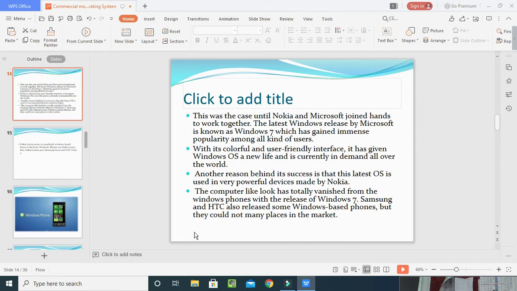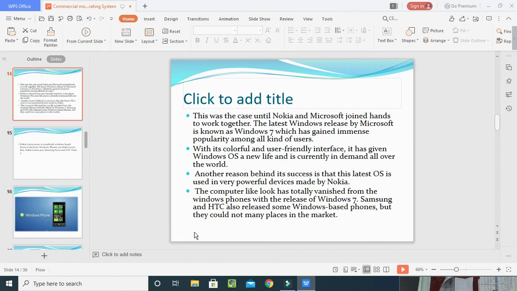The colorful and user-friendly interface has given the Windows operating system a new life, and it is currently in demand all over the world. Another reason behind its success is that the operating system is used in very powerful devices made by Nokia.